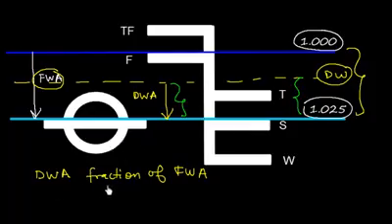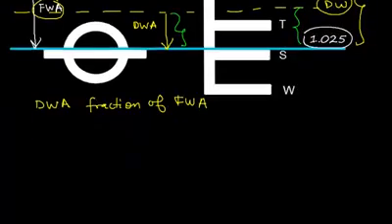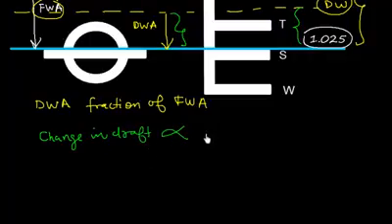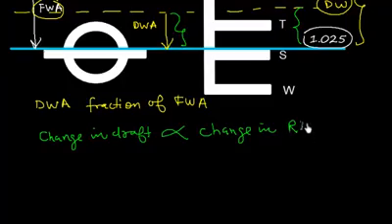So the change in the draft is directly proportional to the change in density. Let me put it this way: change in draft is directly proportional to change in relative densities, RDs or densities.